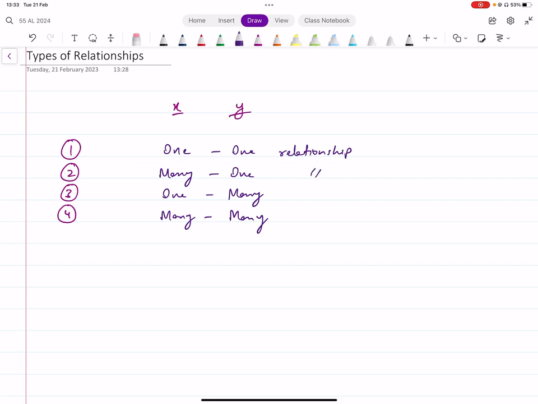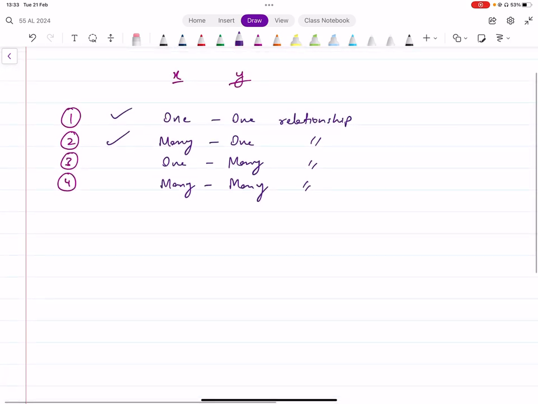Let's try to understand this. So there are four different types of relationships: one-to-one, many-to-one, one-to-many, and many-to-many. Now we are going to focus on the first two, but I'll tell you quickly what the third and fourth mean as well. But हमारा focus first और second पे होगा because only the first and second are functions. बाकी functions नहीं होते. We'll talk about that.